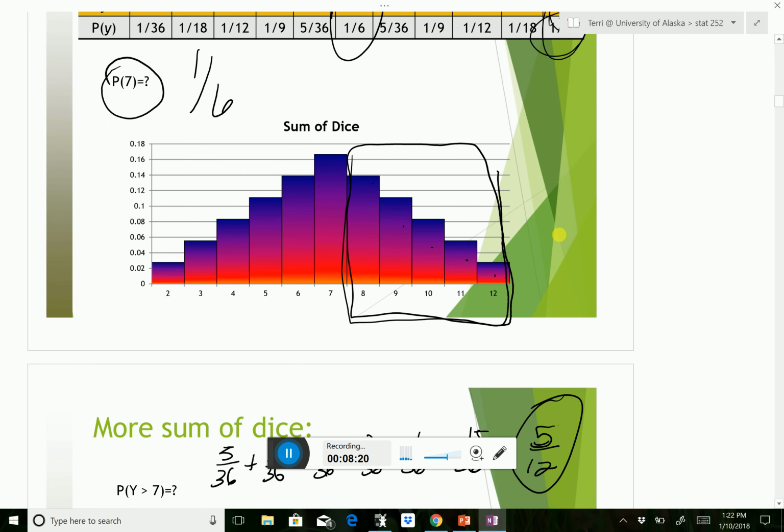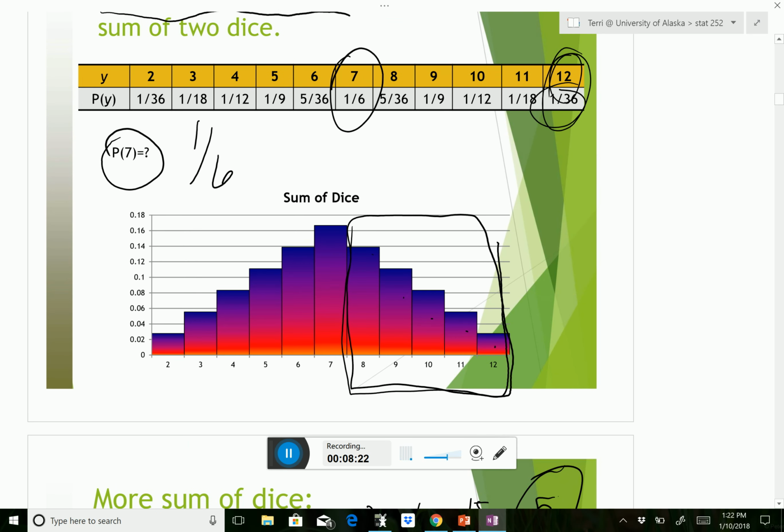Less than or equal to 11. So that would be all of these added together, right? Okay, does anybody feel like sitting there and adding all those together? No, but we know the complementation rule, right? So the only one that's left out is 12.